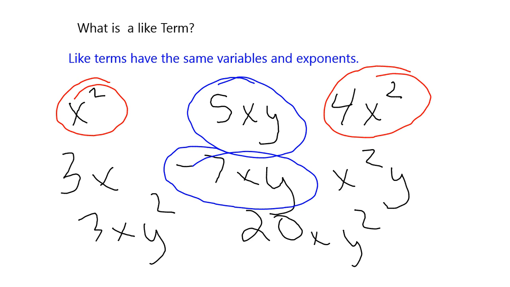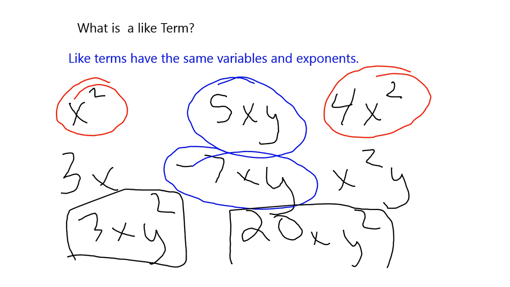And 20xy squared is not the same thing as x squared y, because in y squared the 2 goes with the y, whereas in x squared y the 2 goes with the x. So the last pair we have is this 3xy squared and this 20xy squared.